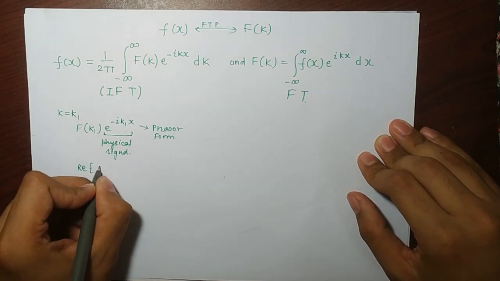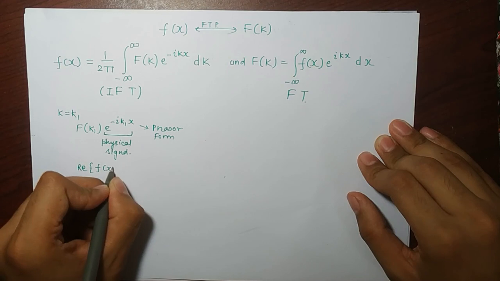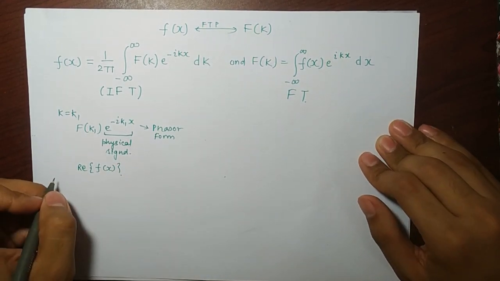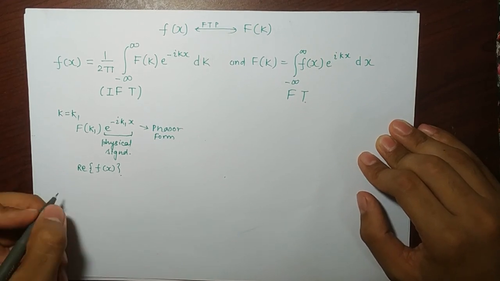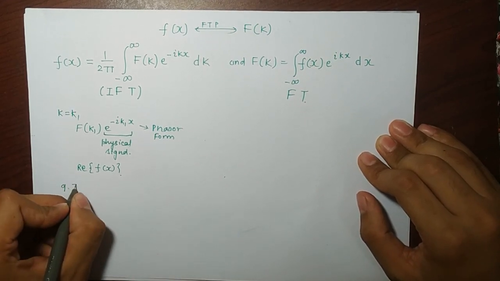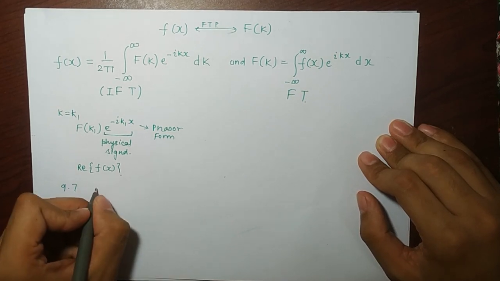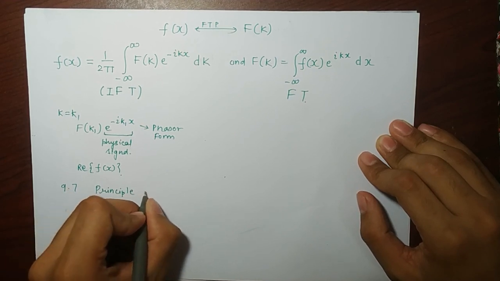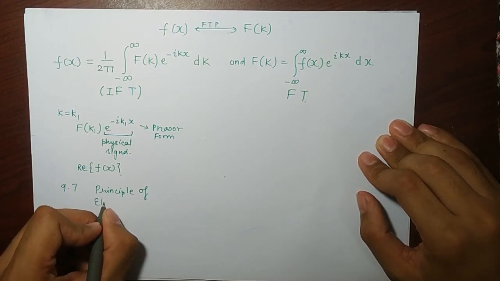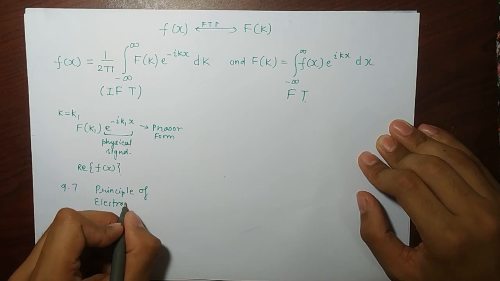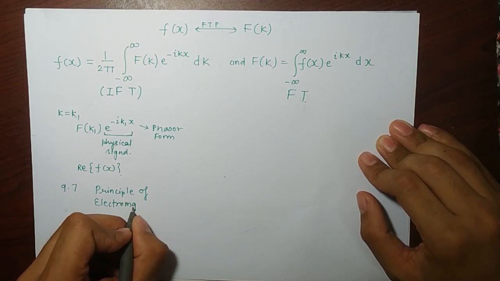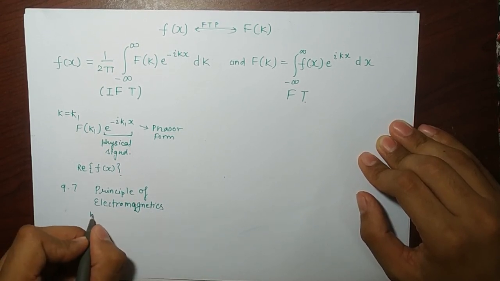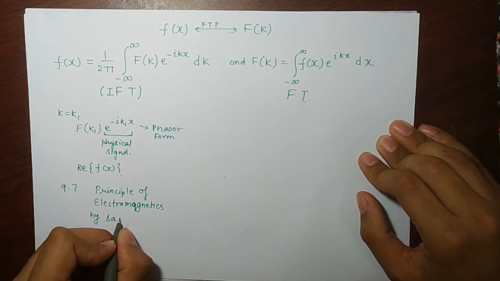If that signal is f(x), then you have to take the real part of f(x). For more details, you can read section 9.7 from the book Principles of Electromagnetics by Sadiku.